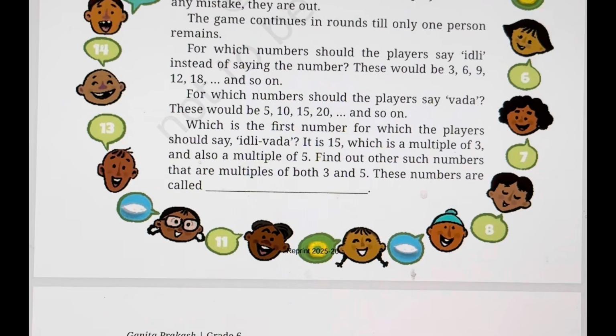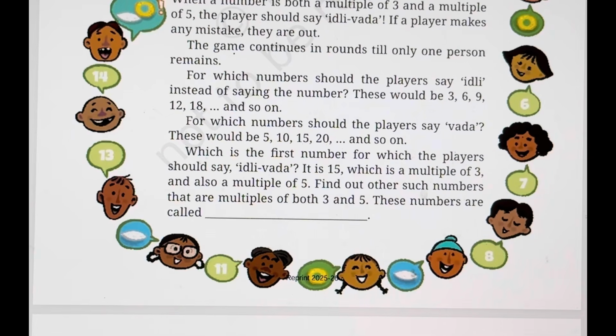Now for which numbers should the player say idli instead of the number? There would be 3, 6, 9, 12, 15, 18, further 21, 24, 27, 30, and so on. And for what numbers will they say vada? 5, 10, 15, 20, 25, 30, 35, 40, 45, and so on.